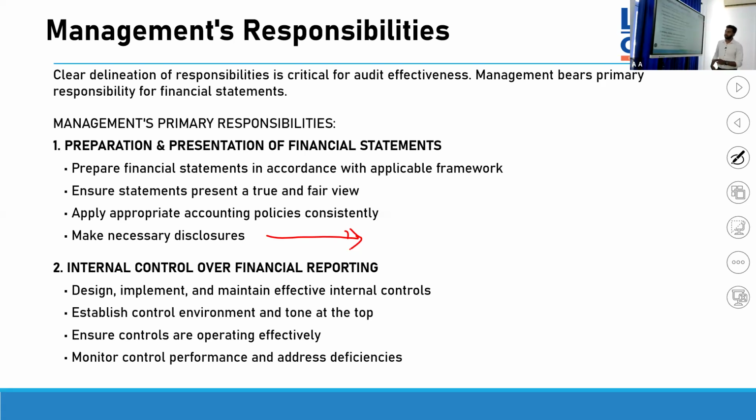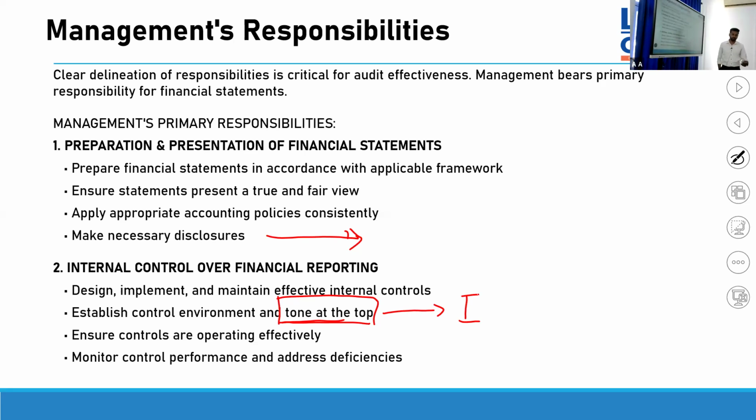And establish the control environment and tone at the top, which means in an organization, first of all, the managers or the leaders must create the control environment and create the tone.